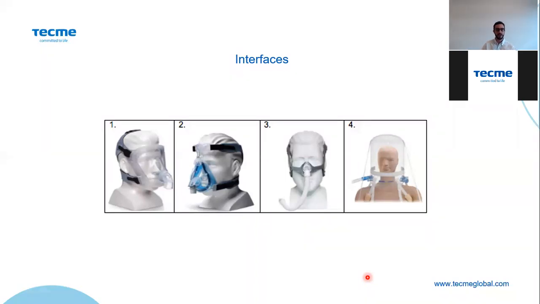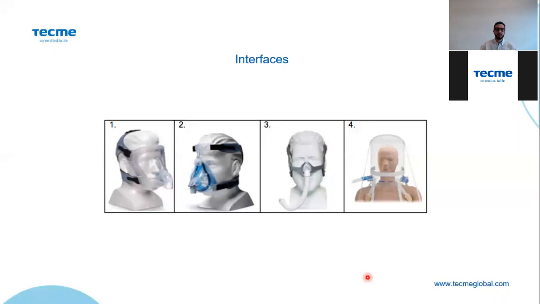The important thing here about non-invasive ventilation is the interface, okay? Here you have to be really careful about which interface you are using. Remember our ventilator is a two limbs ventilator. Okay, you have the inspiratory and the expiratory limbs.